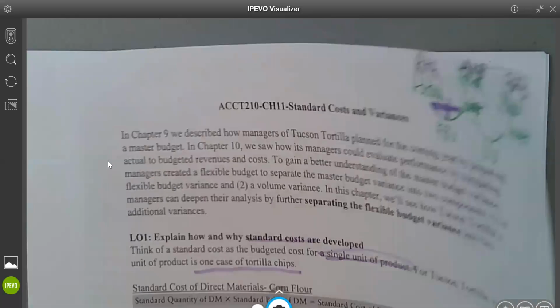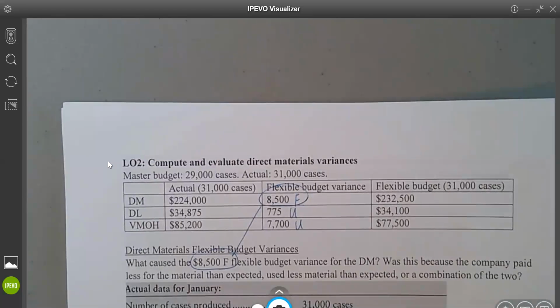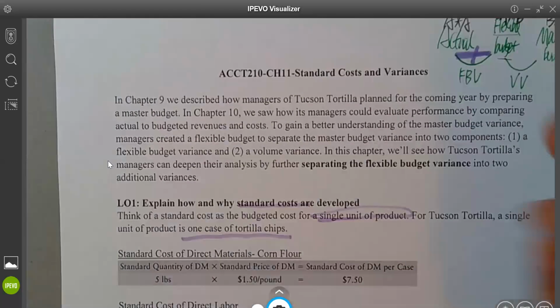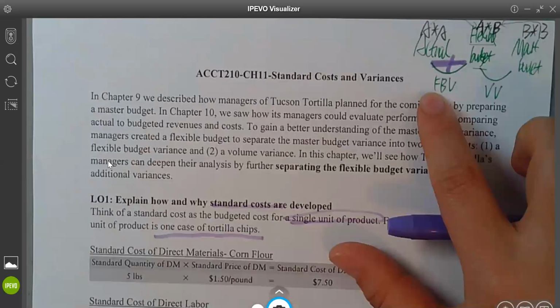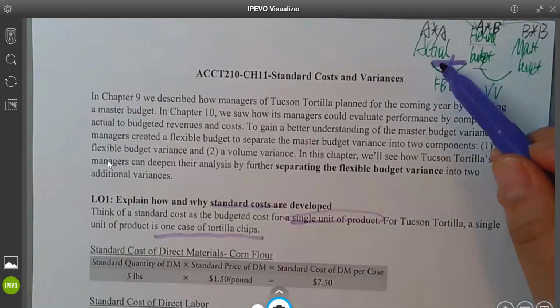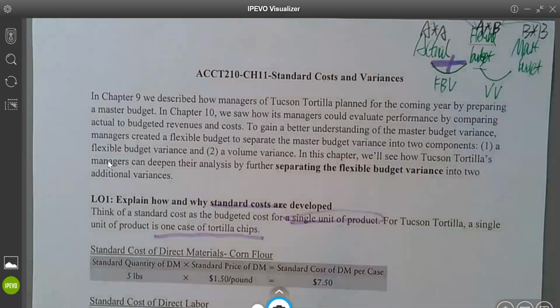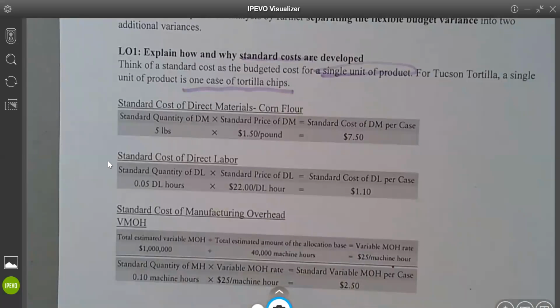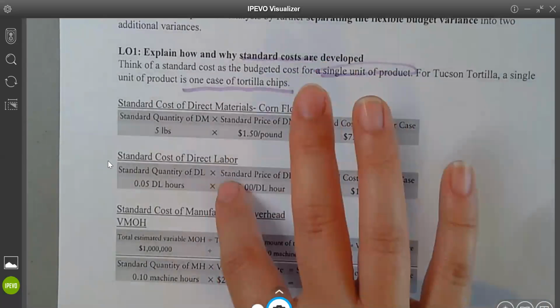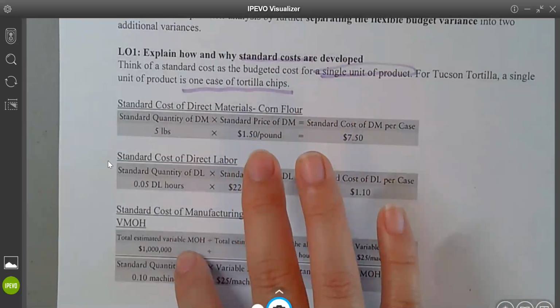Okay, so now let's really get to the meat of this chapter. Learning objective 2, we start thinking about direct material variance. Remember our goal is to break down the flexible budget variance into 2 parts, and they have different names. But you have 4 items to break down: direct material, direct labor, and variable manufacturing overhead.